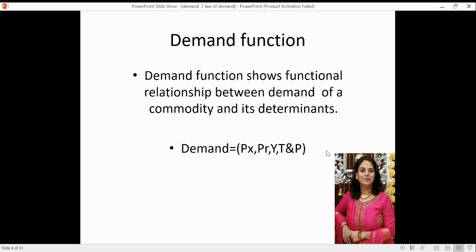When demand of all the individuals is summed up together, that becomes market demand. So when we represent the determinants which affect the demand of an individual in an equation form, we start calling it demand function. So demand function shows the functional relationship between demand of a commodity and its determinants.